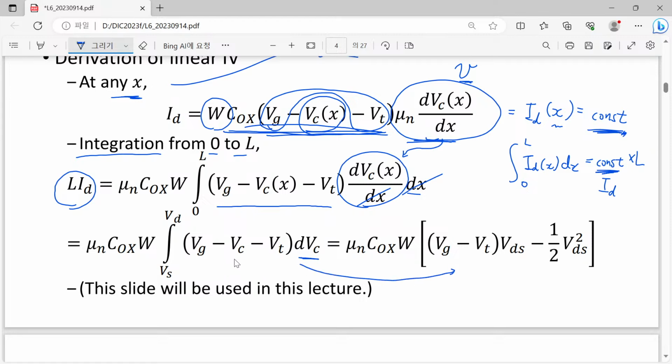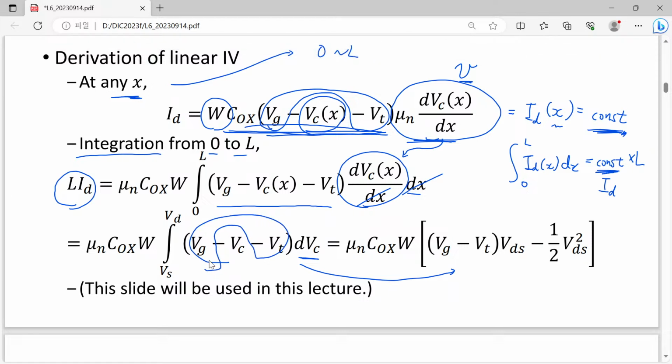We have done it already. So this is constant, and the constant and dV give you just a linear term, and here we have Vc dVc. When we integrate it, it gives us half of squared Vc.